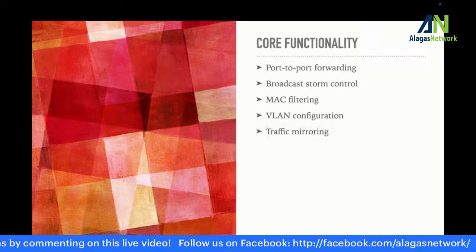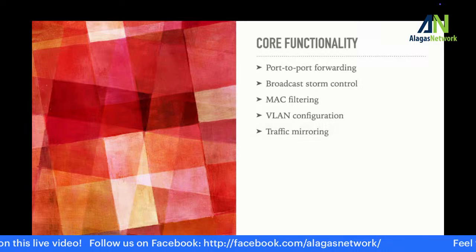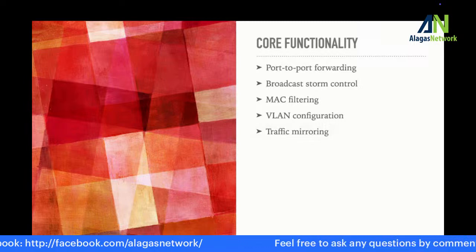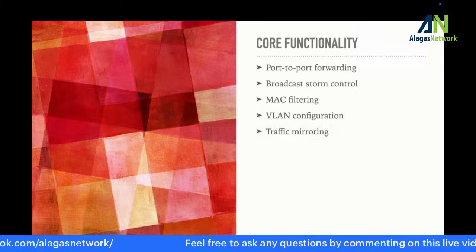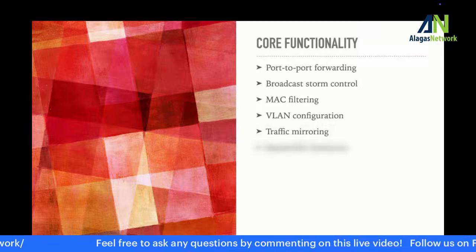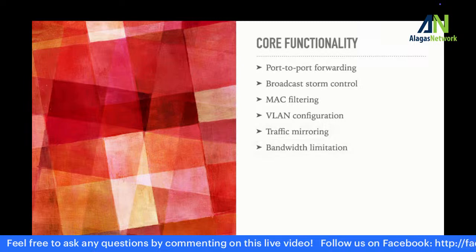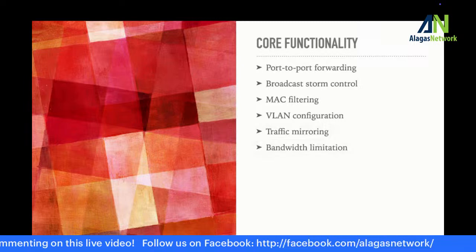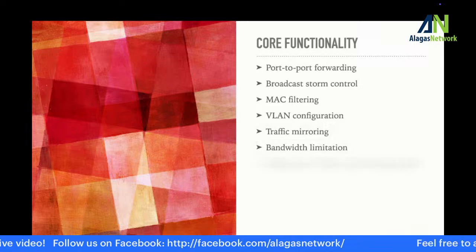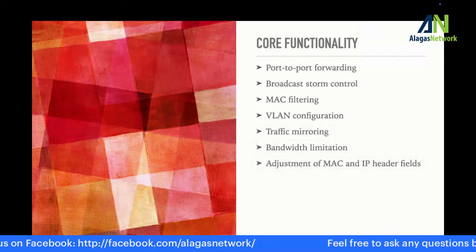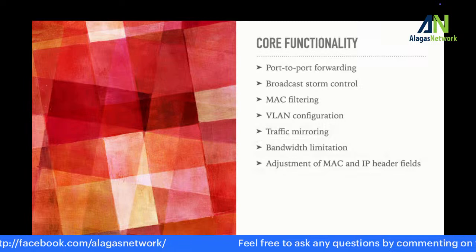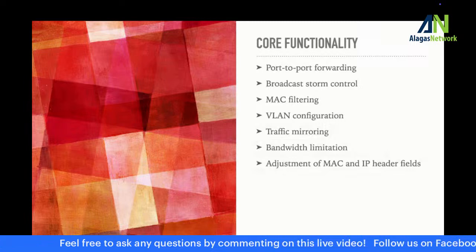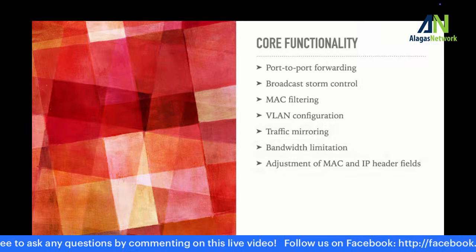Then traffic mirroring, so you can mirror the traffic from one port to another port. This one you usually use for monitoring purposes. And bandwidth limitation, which is the QoS for certain ports. It also can do some basic adjustment of the MAC address header fields and the IP header fields.